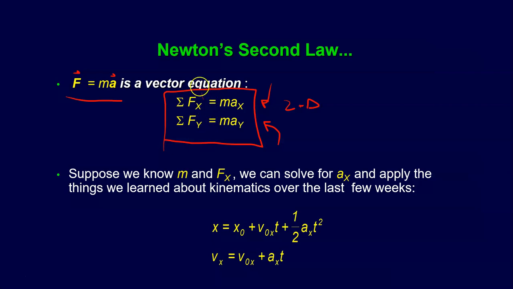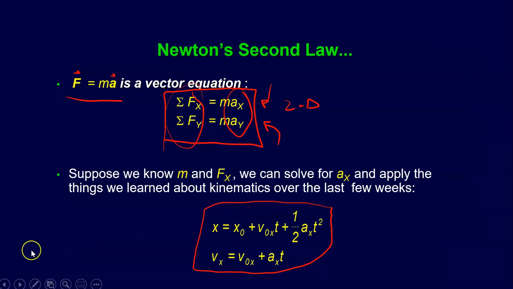Our job is to find the forces acting on the object, find those accelerations, and then what will happen often is the problem will have you determine, okay, how far does the object go in 30 seconds, or something like that, basically using these equations that we've been using up until now. All right, and so we'll move on and start doing that.